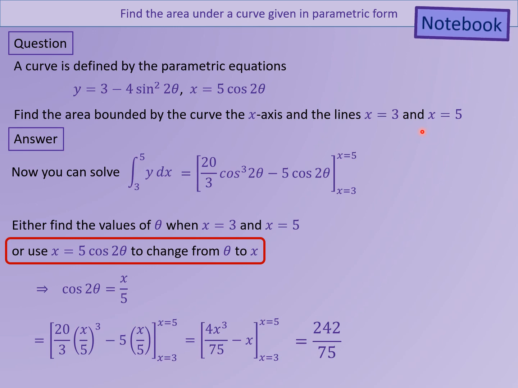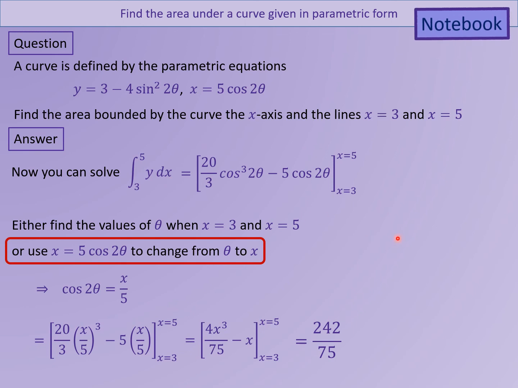But as I said, when I first did this question, there were 2 options. One option is what you just did, which is using integration with parametric equations. The other option is thinking about how to write it as a Cartesian equation and then just integrating it, integration of y dx, same as what you would do normally.